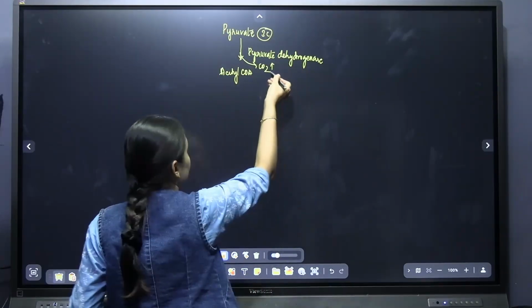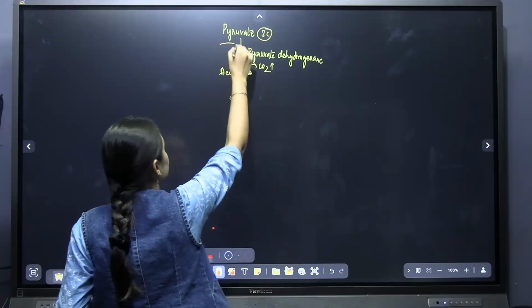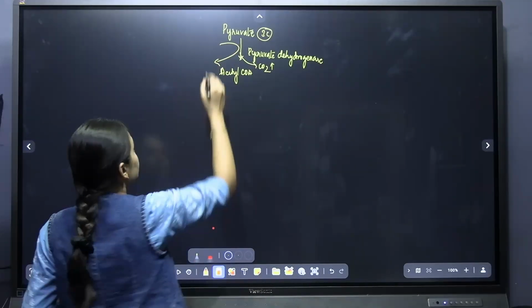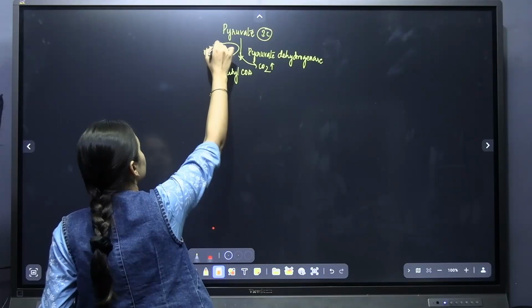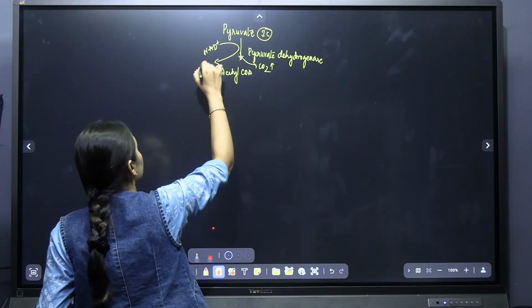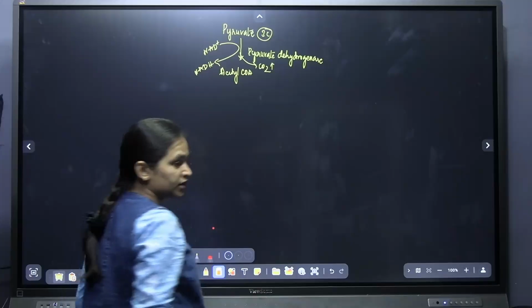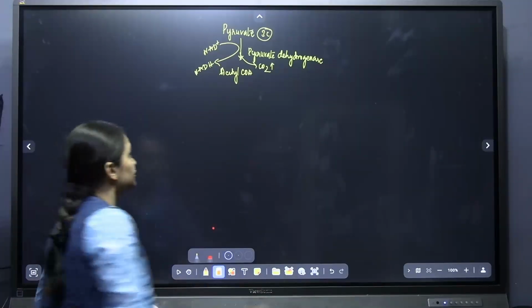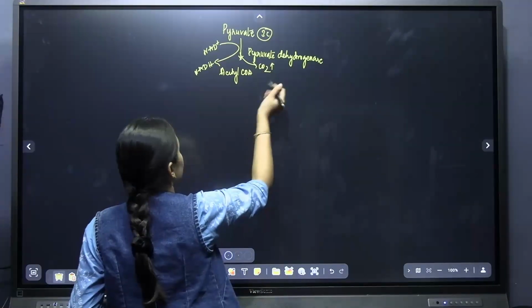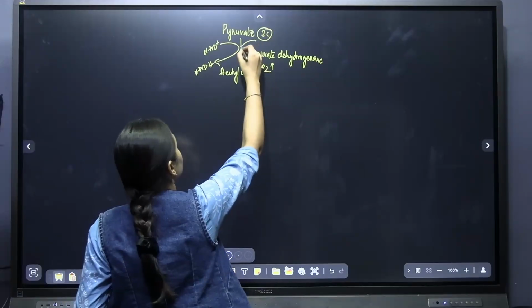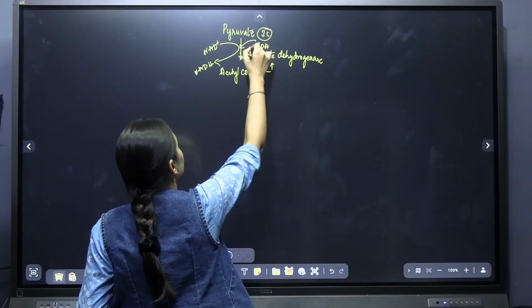So here one molecule of carbon dioxide will be evolved. In this step, oxidation happens, that is NAD plus will be converted into NADH. Understood? Then coenzyme A has also entered.